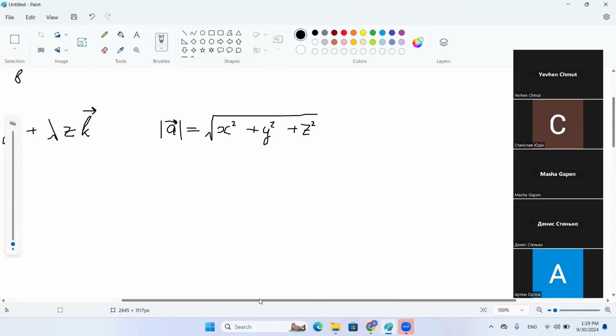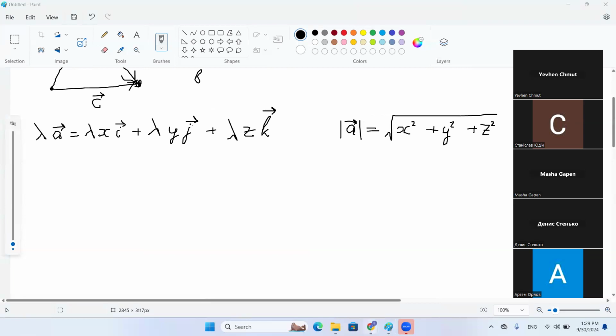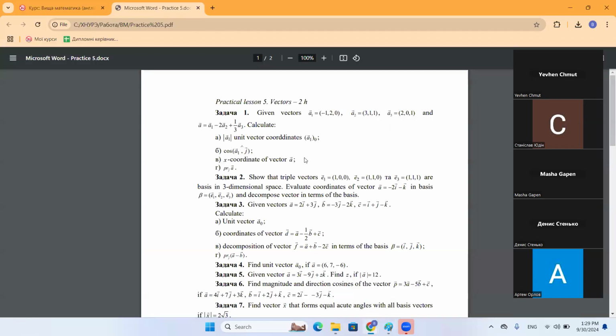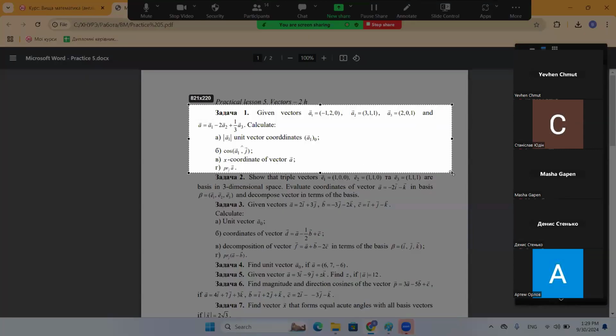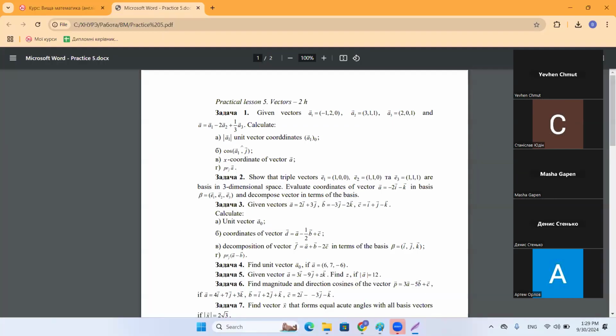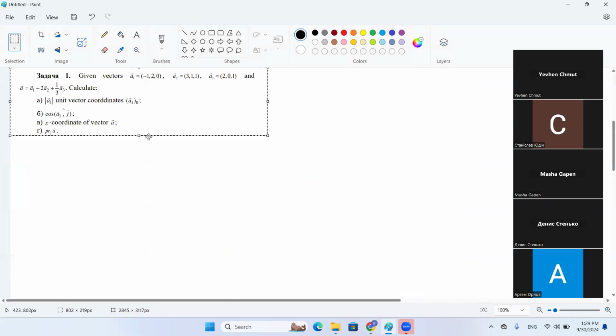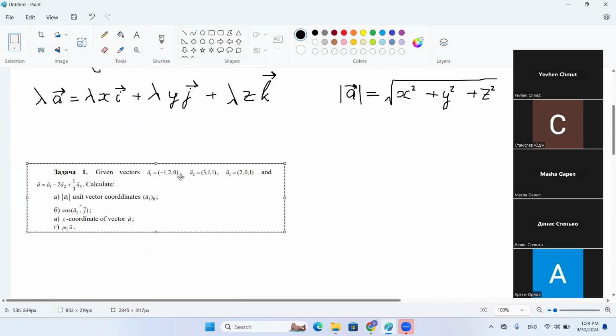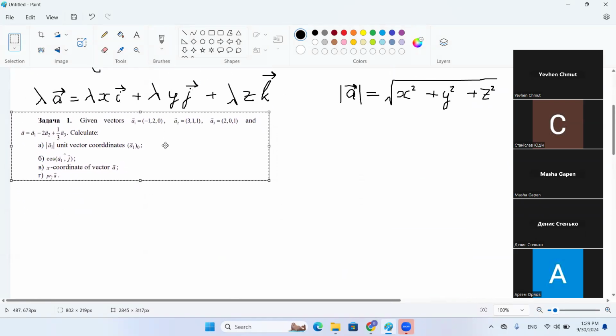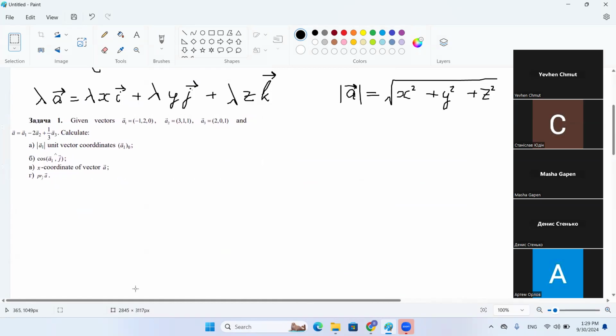Okay. So now let's do exercise 1. I forgot to translate the exercise, I wrote exercise, but I believe that's okay for us.